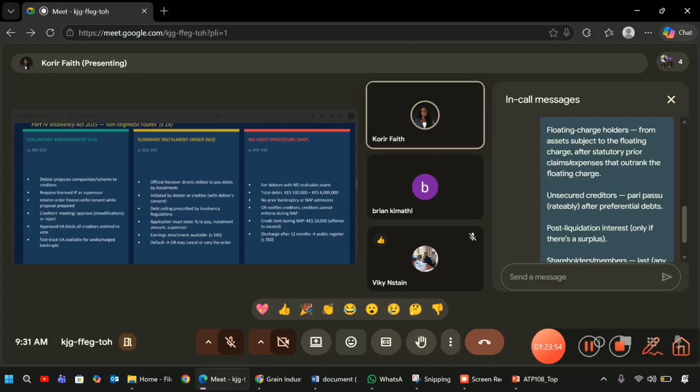And then under the voluntary arrangement, you as the debtor propose the scheme by which you're going to pay. For example, tell your creditors, look, I know I owe you, let's say 5 million. I'm going to pay you, let's say 250,000 for this particular period of time. Then you also have to take that idea to the creditors during their meeting, and they have to approve or disapprove of it.